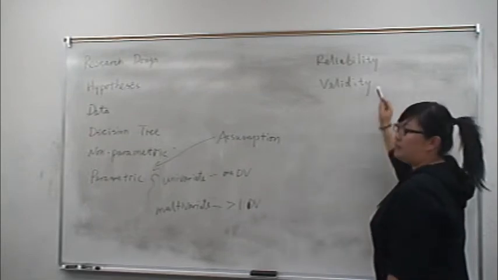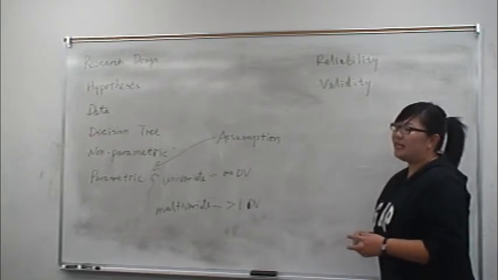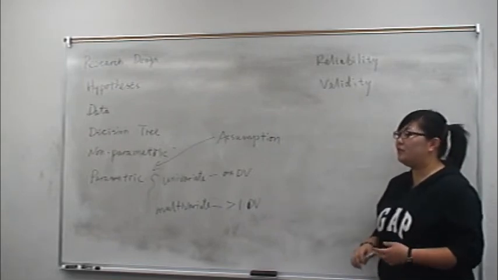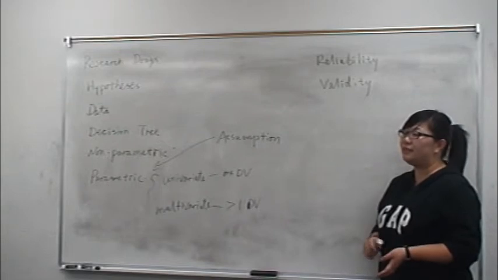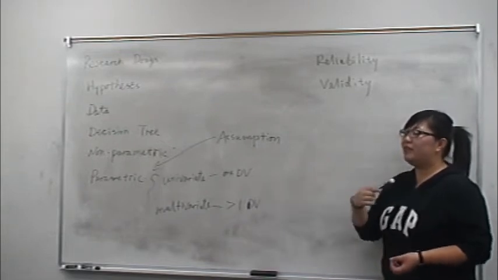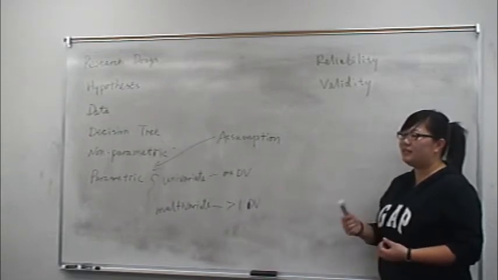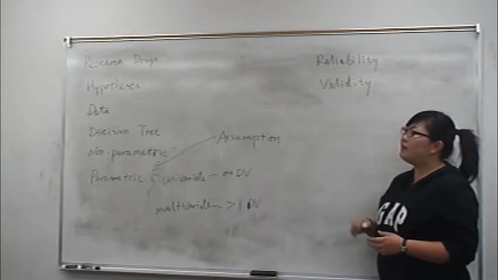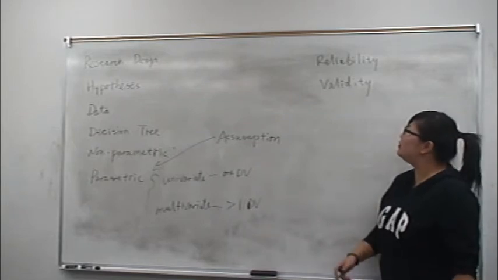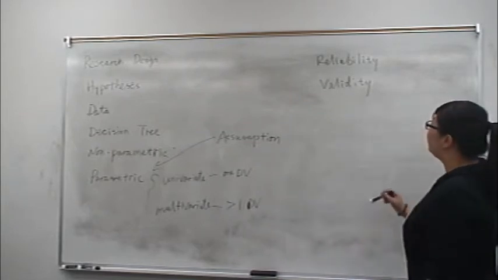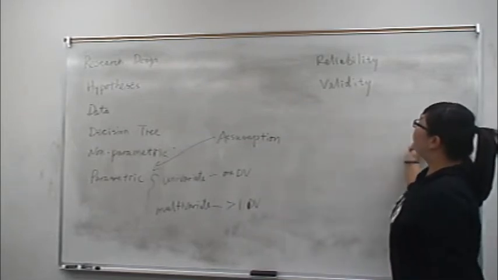In reliability, there are 4 types: test-retest, parallel or alternate forms, homogeneity or internal consistency, and inter-rater. For these different types of reliability, you have different tests: Spearman-Brown, Cohen's kappa, KR20, Cronbach's alpha. They're different methods. Just review the packet, it's very thoroughly explained.